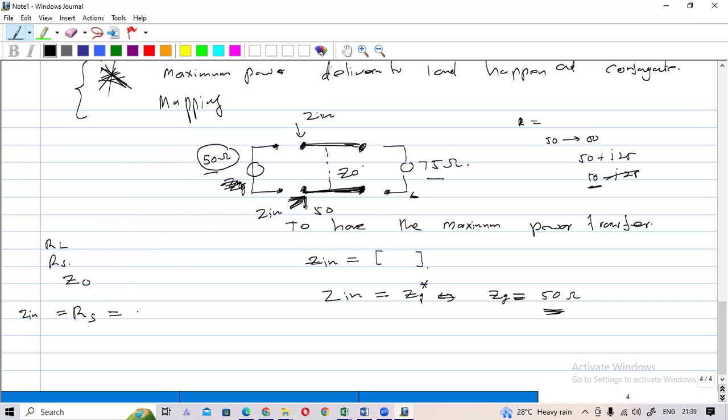Again, that is equal to Z naught times RL plus j Z naught tan beta L divided by Z naught plus j RL tan beta L. So this is the transmission line impedance.